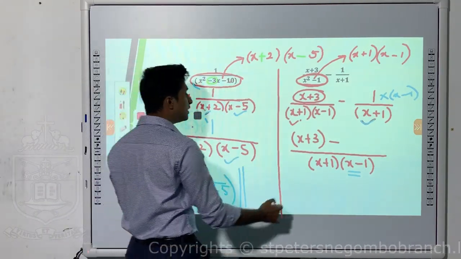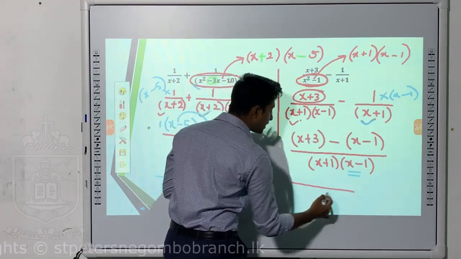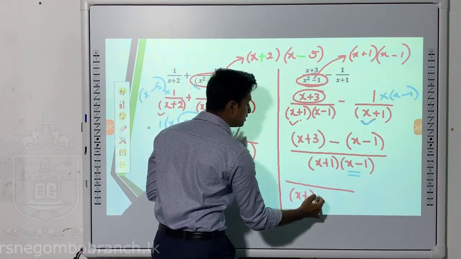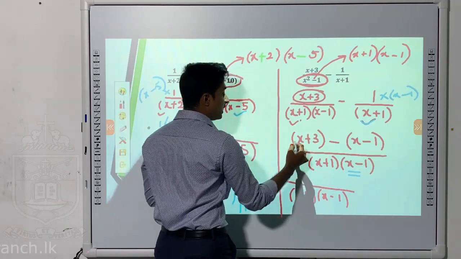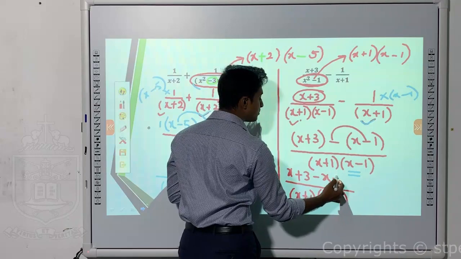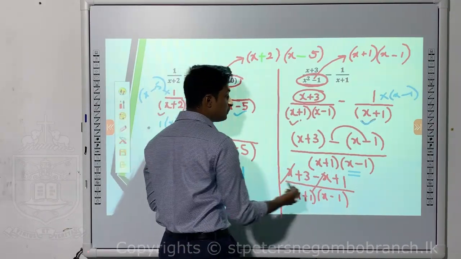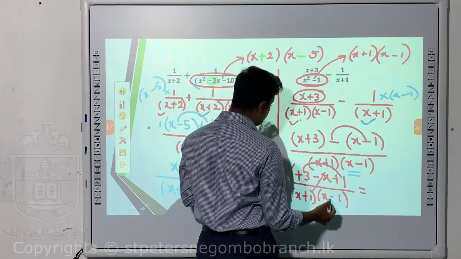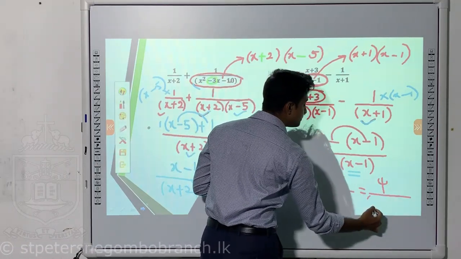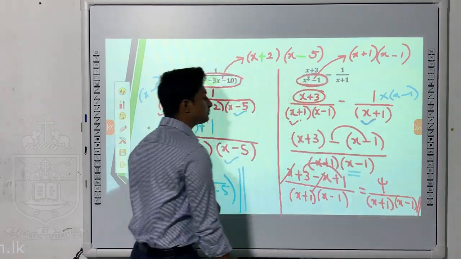Then what happens? Here I will get x minus 1 also. Now open the brackets. There's going to be x plus 3 minus x minus into minus, plus 1. So x will cancel because x minus x is 0. Then see, 3 plus 1 is 4 over x plus 1, x minus 1.